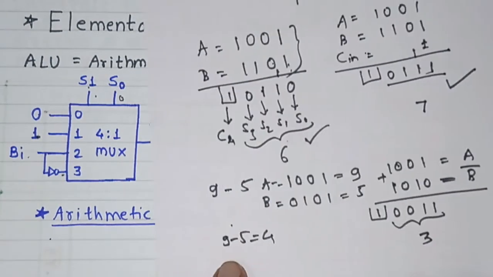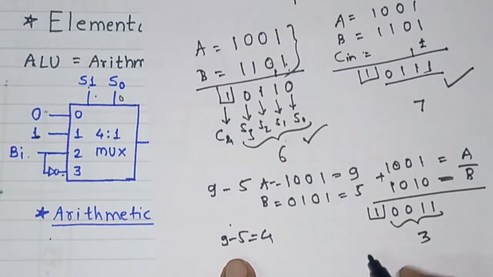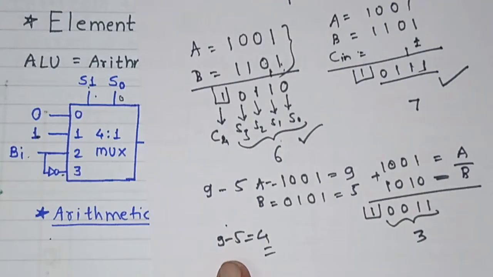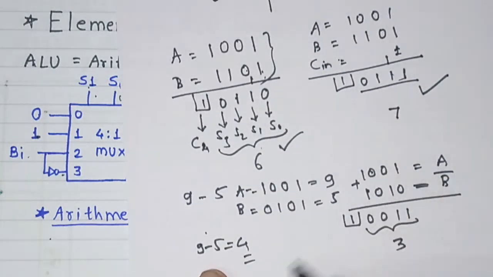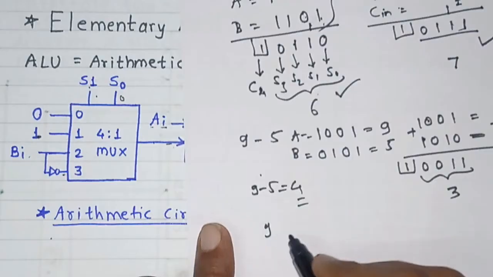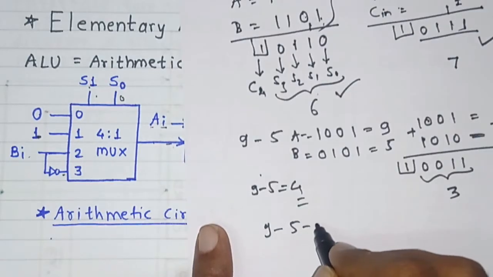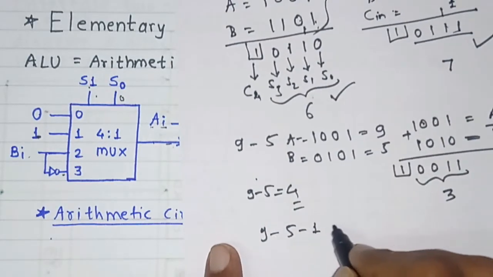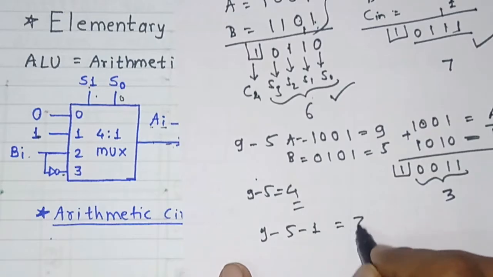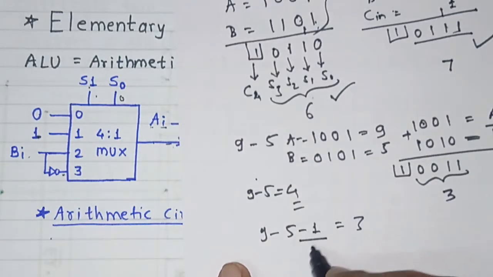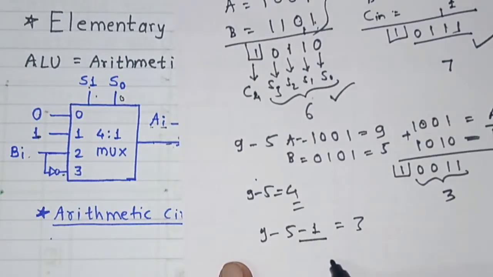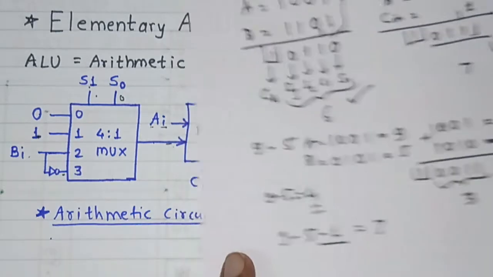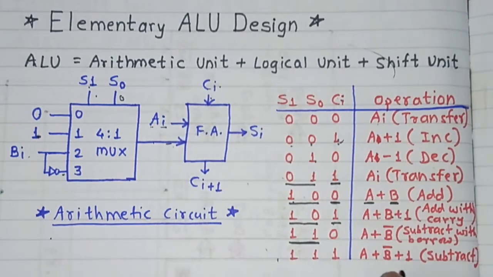Otherwise it would give you the answer 4. Actually it is performing 9 minus 4 minus 1, so the answer becomes 3. So this minus 1 is the borrow.